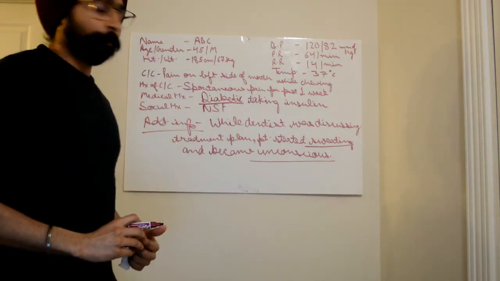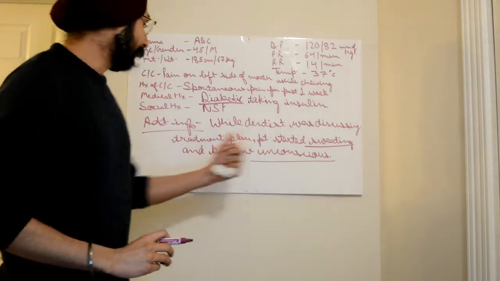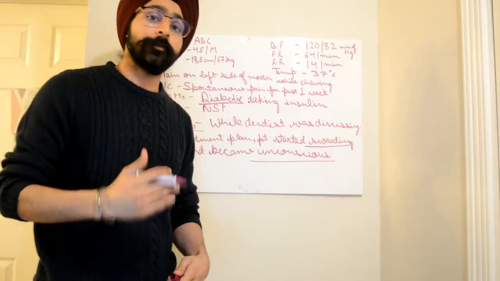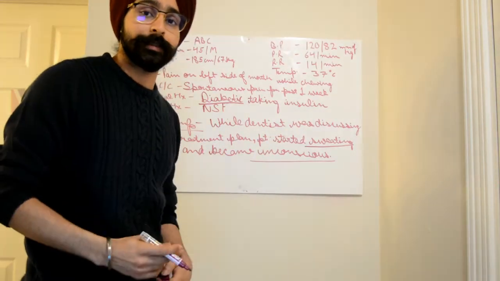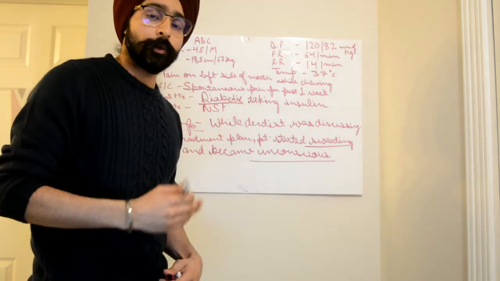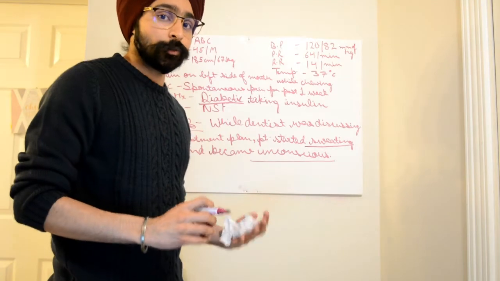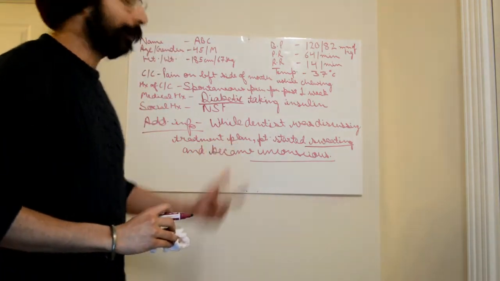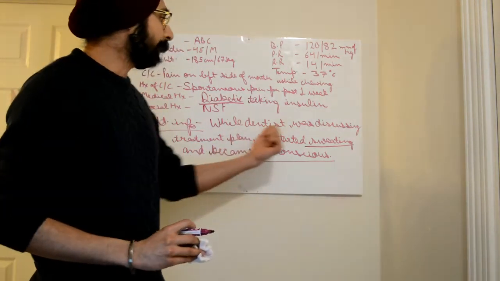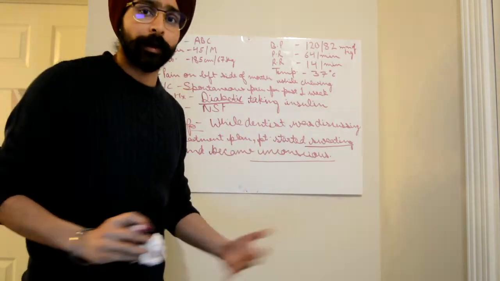In the additional information, the dentist was only discussing the treatment plan. He was not administering local anesthesia. He was not doing any procedure on the patient. So basically there wasn't any situation in which the patient might have felt scared, because the dentist was only discussing the treatment plan.